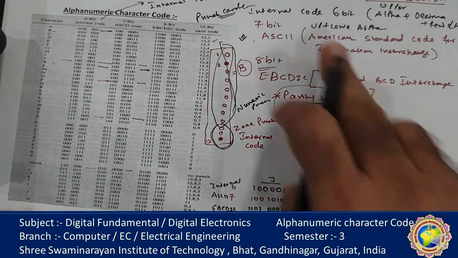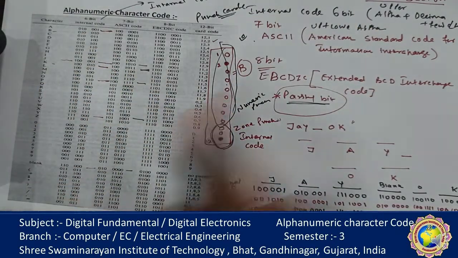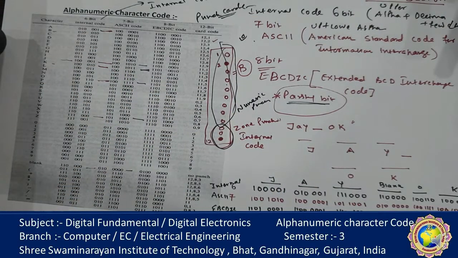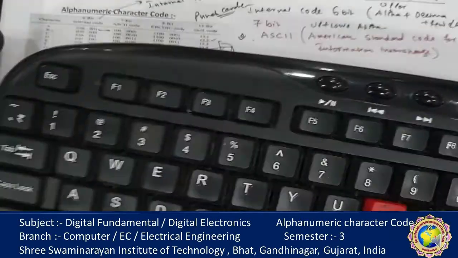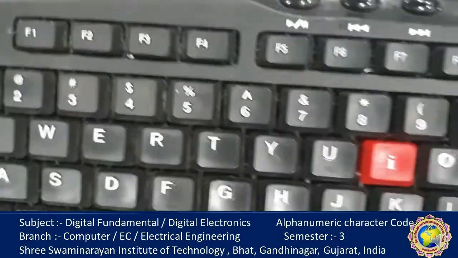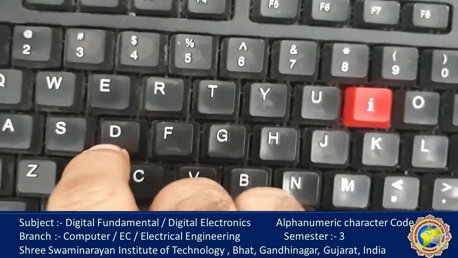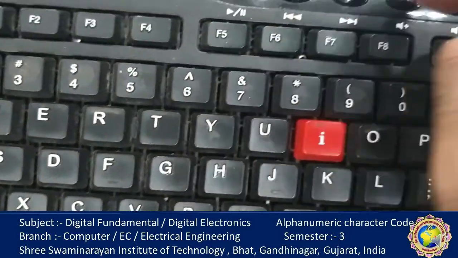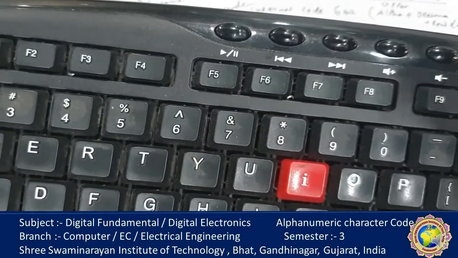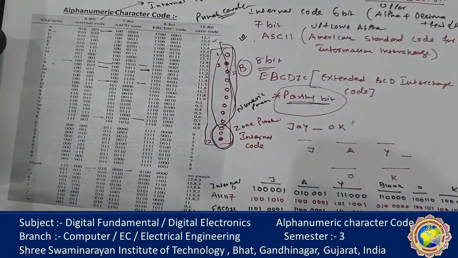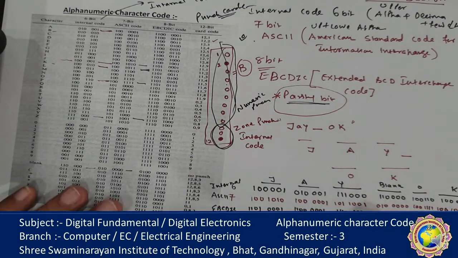This is the internal 6-bit code table. Like suppose you have a keyboard. On this keyboard, whenever I press A, B, or whatever key, the equivalent ASCII code is generated. Remember that. This ASCII code is sensed by the CPU, and the CPU understands which ASCII code key the user pressed.